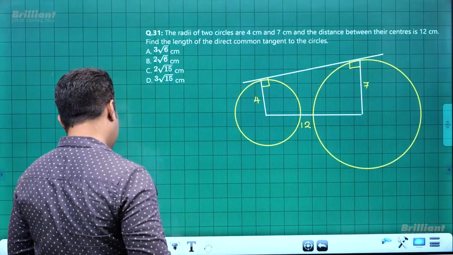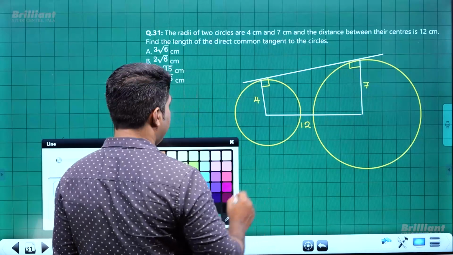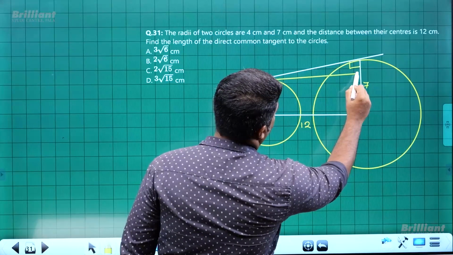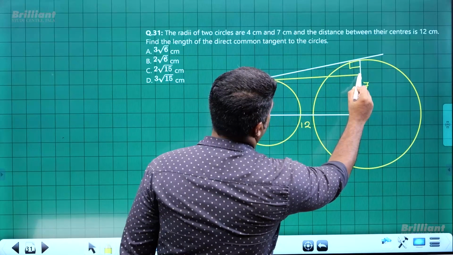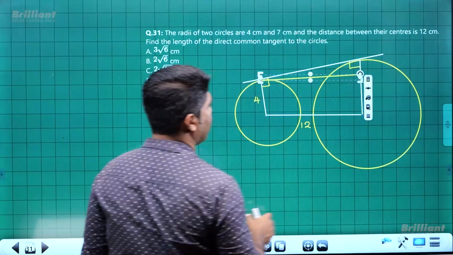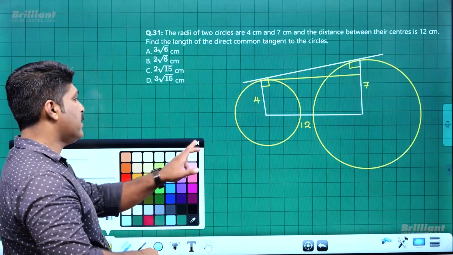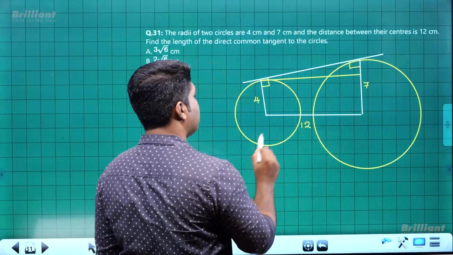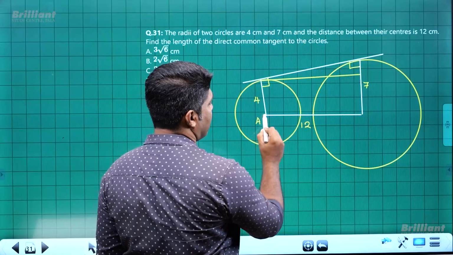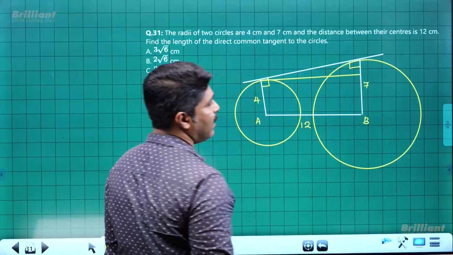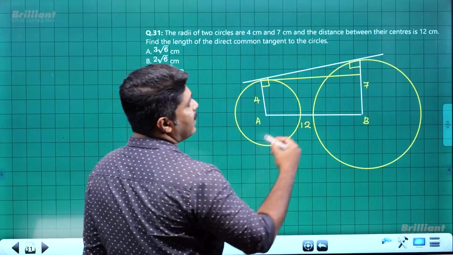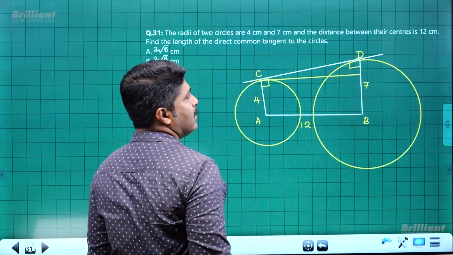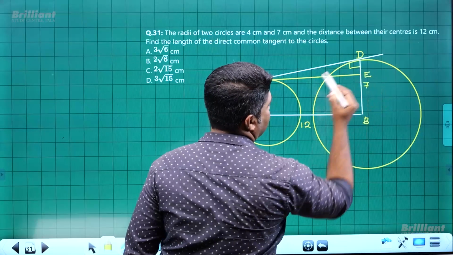So if we draw this line, it will be in a parallel form, parallel to this third line. Okay, so this is the diagram representing this. Suppose for getting the idea, the center of one circle is A and the center of the other circle is B. And the points of contact are C and D. Suppose we consider another point, E, here.